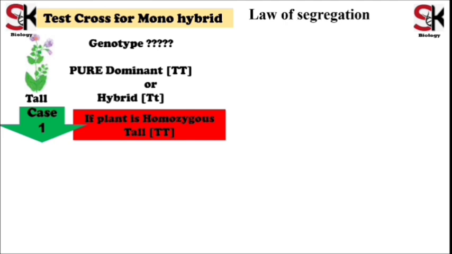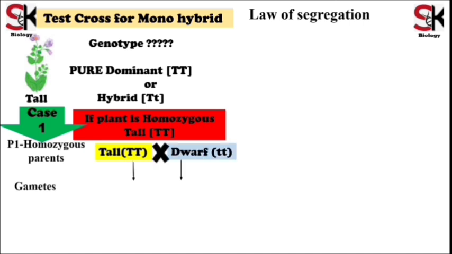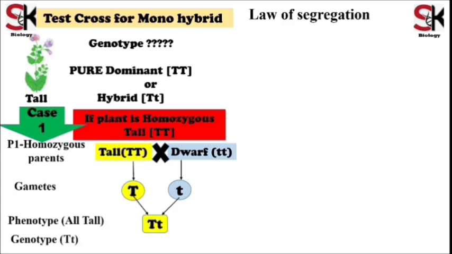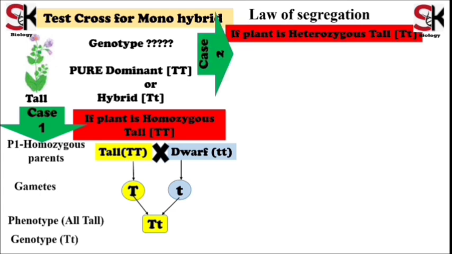This hybridization will give two outputs depending on the genotype of the given plant. Case 1 is if the plant is homozygous tall, that is, only the dominant allele is present. After crossing with the homozygous recessive, it will give rise to a single type of gamete, so all plants produced in the F1 generation will be tall.